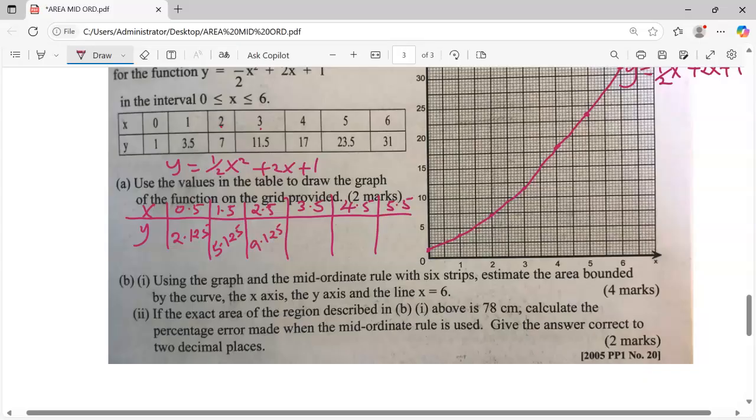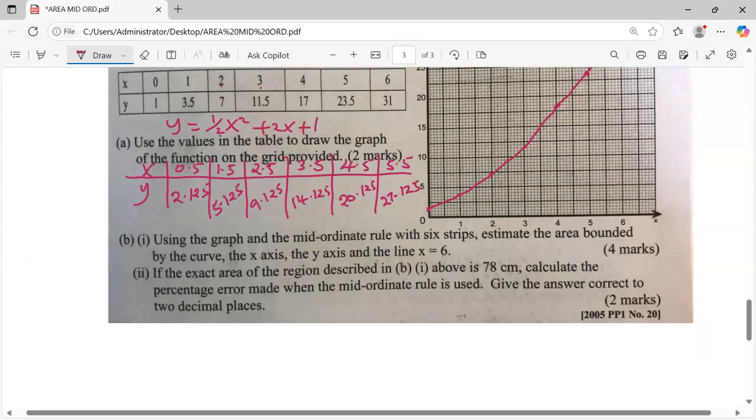When the value of x is 3.5, we are going to have y as 14.125. And when x is 4.5, the value of y will be 20.125. And finally, when the value of x is 5.5, we are going to have 27.125.